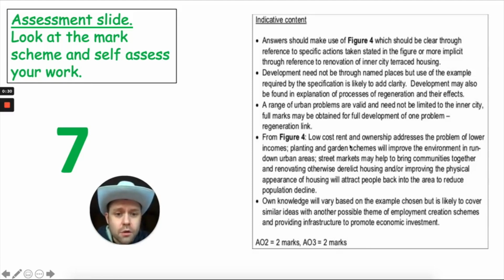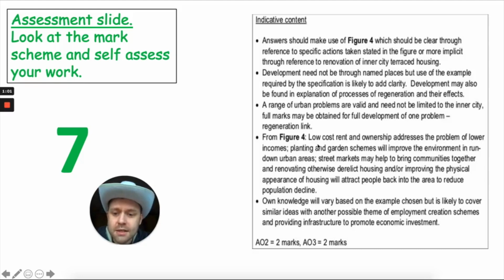From figure 4, you could have said, low cost rent and ownership addresses the problem of lower incomes, providing them with housing. Planting and garden schemes will improve the environment in rundown areas. The street markets may help bring communities together. And renovating otherwise derelict housing or improving the appearance of housing will attract people back into the area.